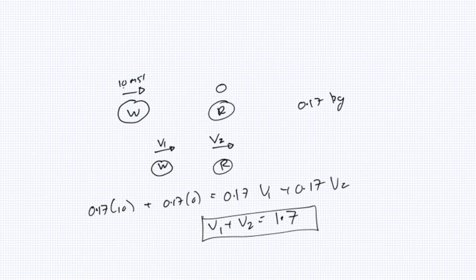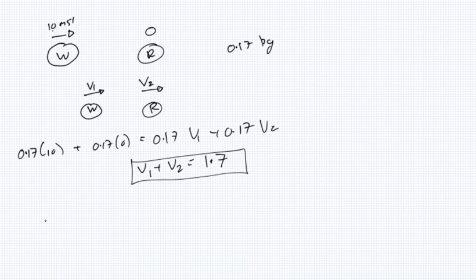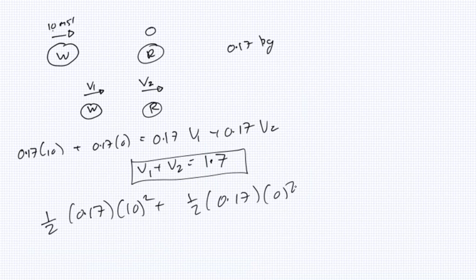Now let's have a look at the kinetic energy. So what's happening here is, beforehand, it's a half m v squared plus a half m v squared. So let's see, that would be 100 times 0.17 is 17 over 2 joules. That's the kinetic energy at the beginning.